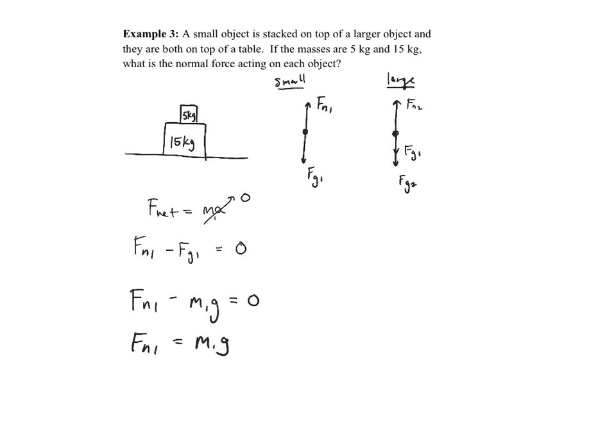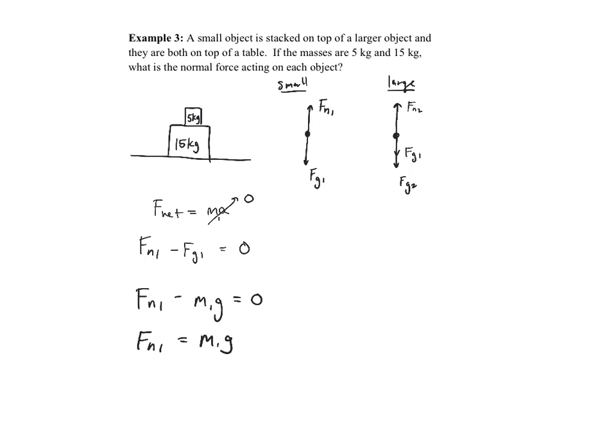And that makes sense logically. Here's how I would read this. If you want to write this in words and you're not understanding it or seeing it right away, I would recommend that. Here's what I'm seeing. Fn1, aka the force upward from the bigger box, is equal to m1g, aka the weight of the upper box.